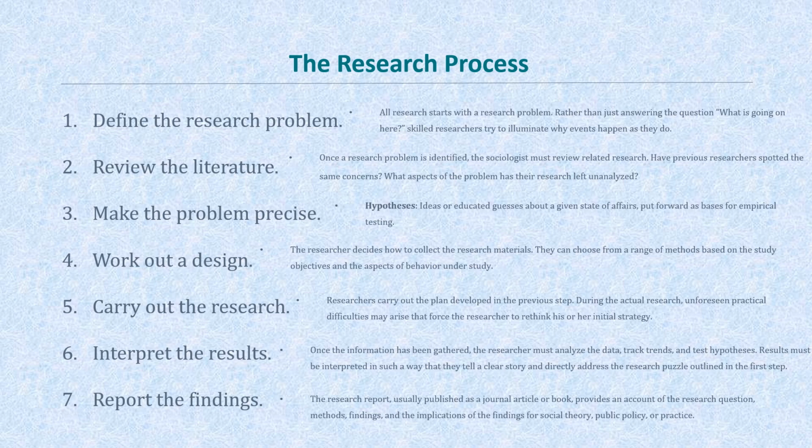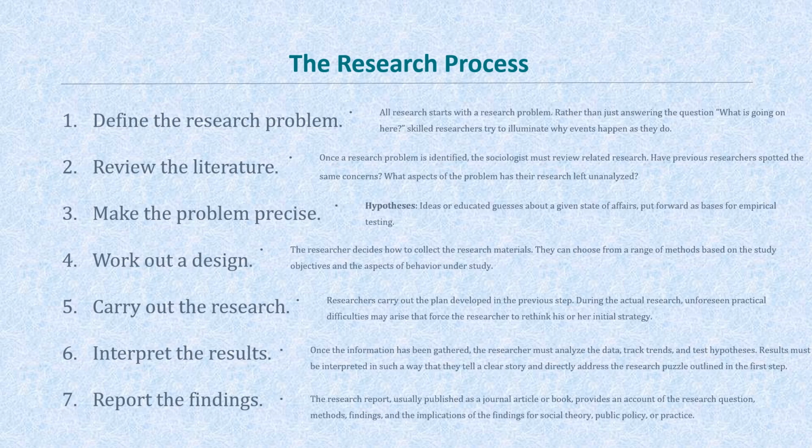In reviewing the literature, once a research problem is identified, the sociologist must review related research. In other words, questions asked include: have previous researchers looked at this problem before? What have been their findings? Has anything been left unanalyzed?